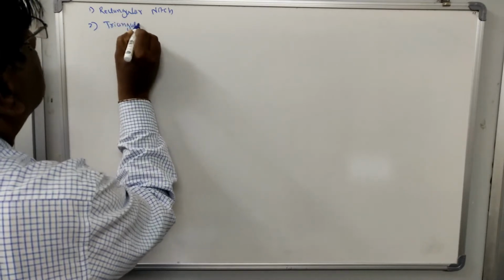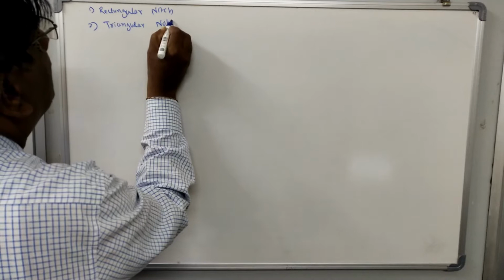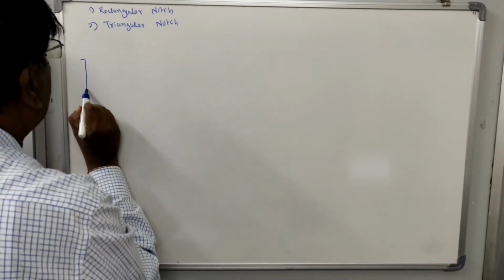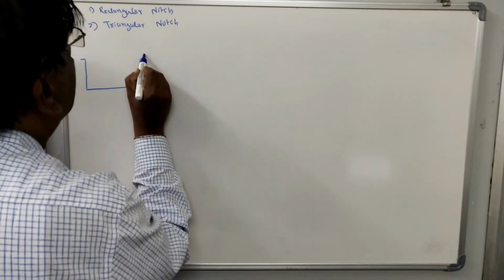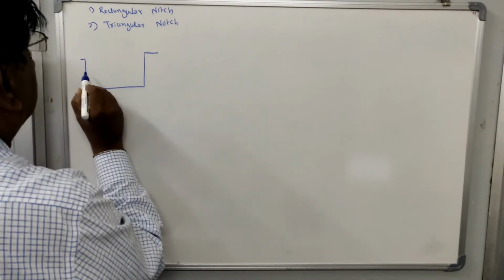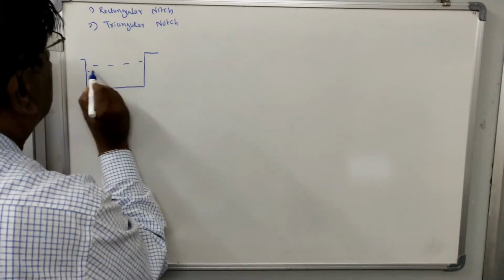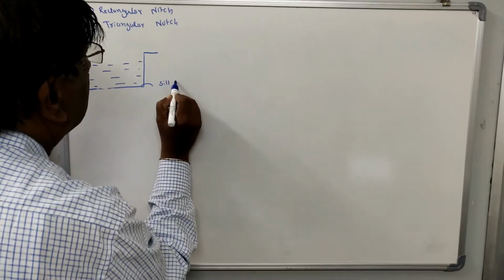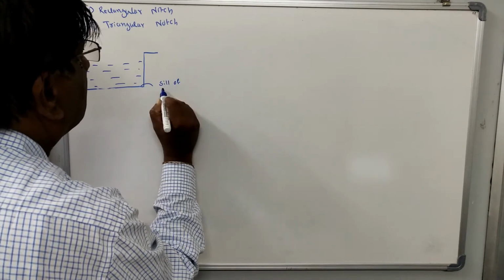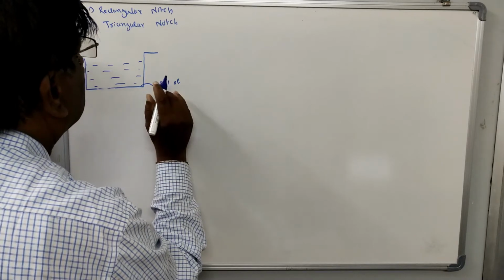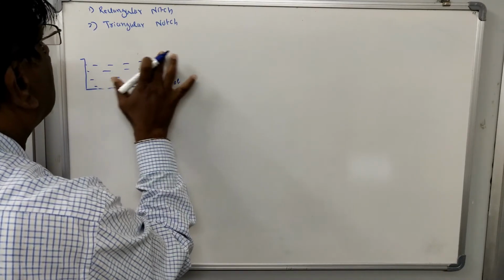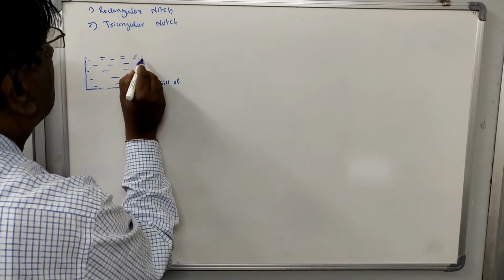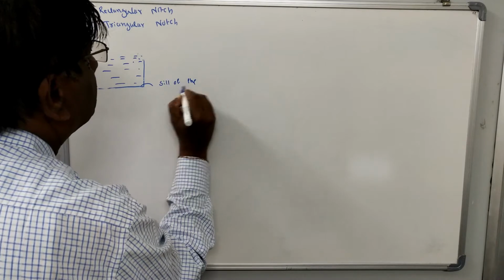So the discharge equation, whatever we have got, suppose it is a rectangular notch, this is the cross-sectional area of the rectangular notch, and let this be the sill of the notch.